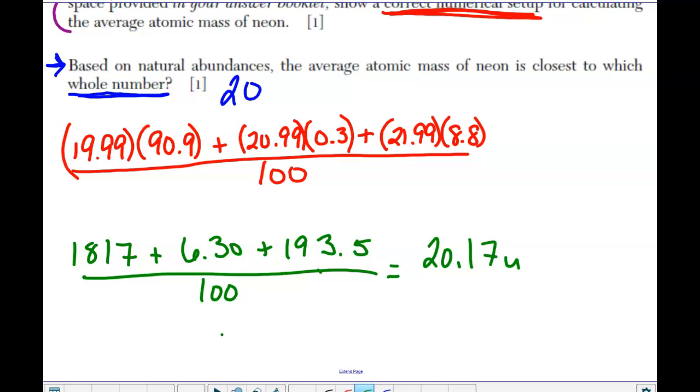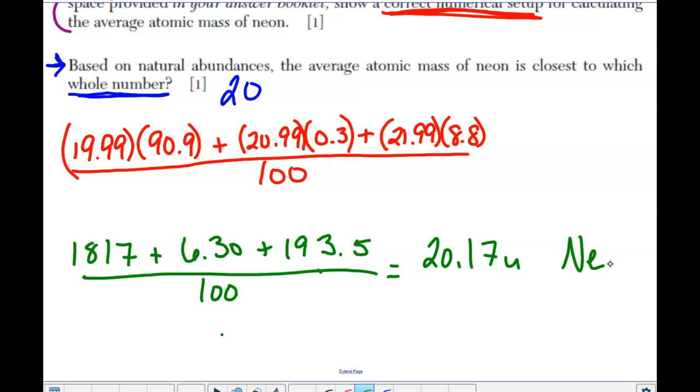Is that the mass of neon on the periodic table of the elements? It says 20.18, pretty close. That's just because of a rounding difference, mostly in the mass of the isotope 21. But it's really, really close, and that's just because of rounding differences.